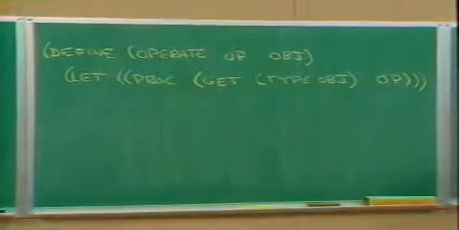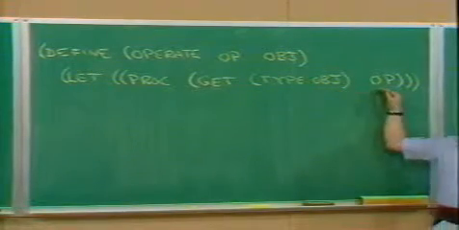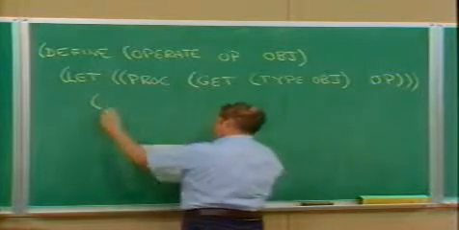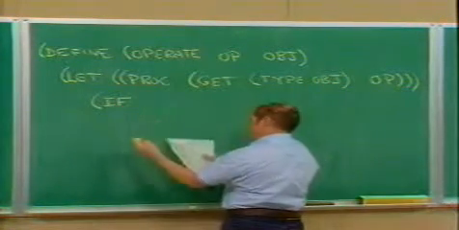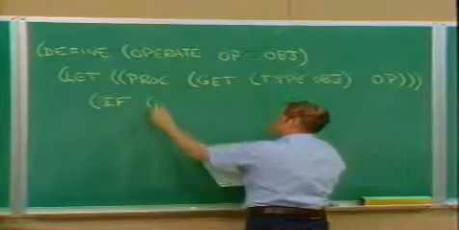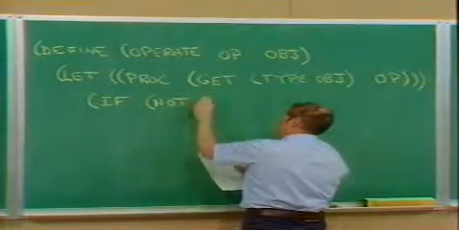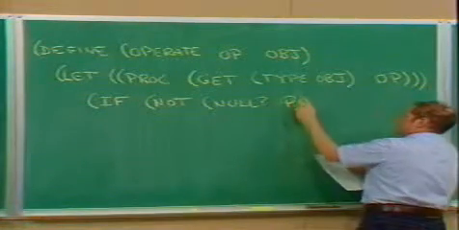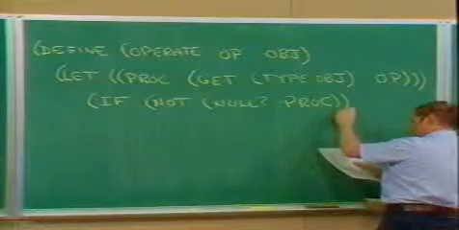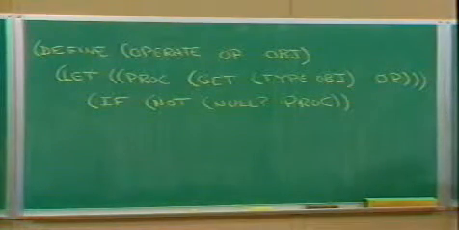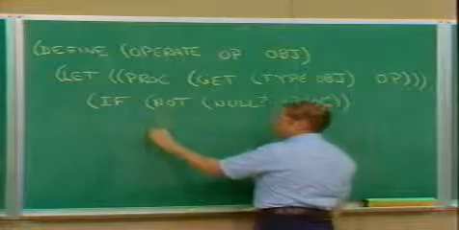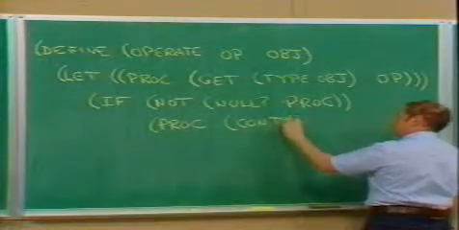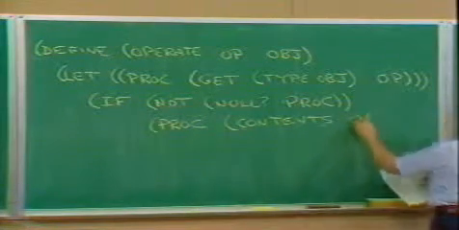So it looks in the table and sees what's stored under the type of the object and the operator, sees if anything's stored. Let's assume that get is implemented, so if nothing is stored there, it'll return null, return the empty list. So it says if there's actually something stored there, if the procedure here is not null, then it'll take the procedure that it found in the table and apply it to the contents of the object.